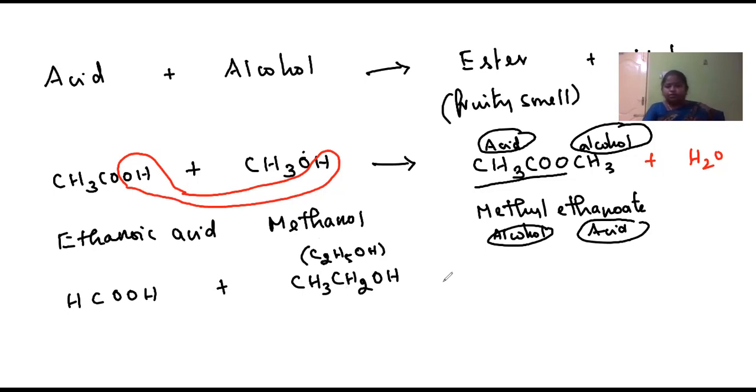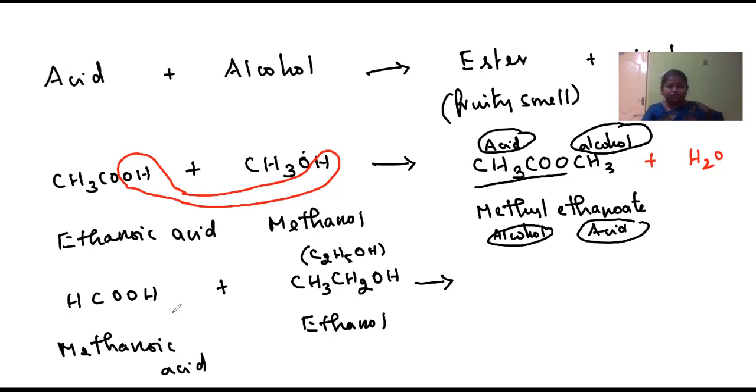I'll write the name also. When methanoic acid reacts with ethanol, what do you get here? Now the alcohol group is ethanol. So while writing the name, it is ethyl methanoate.